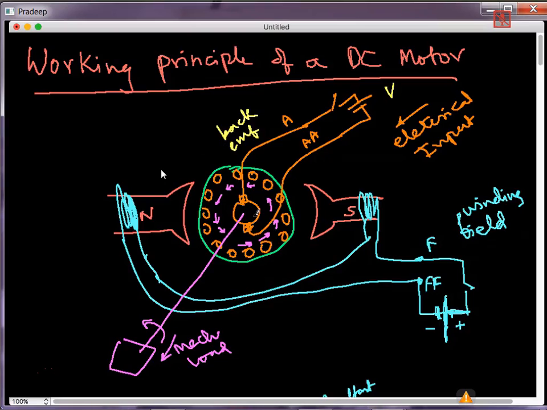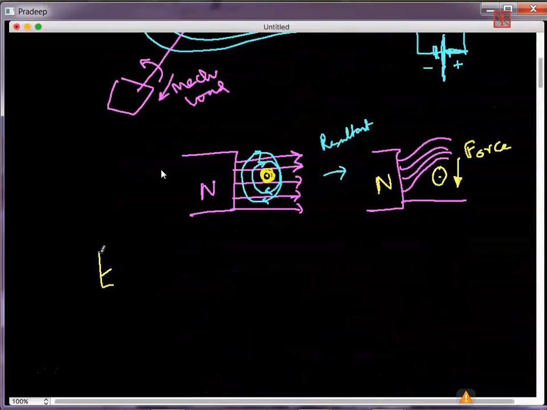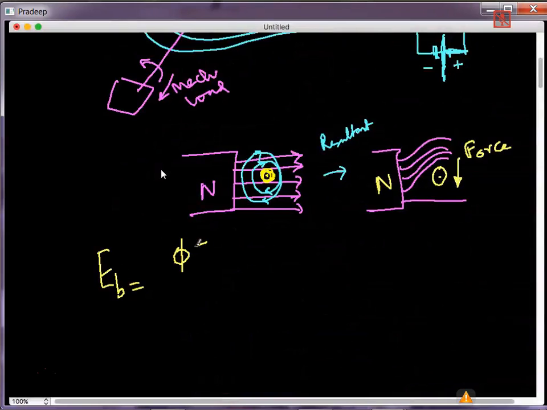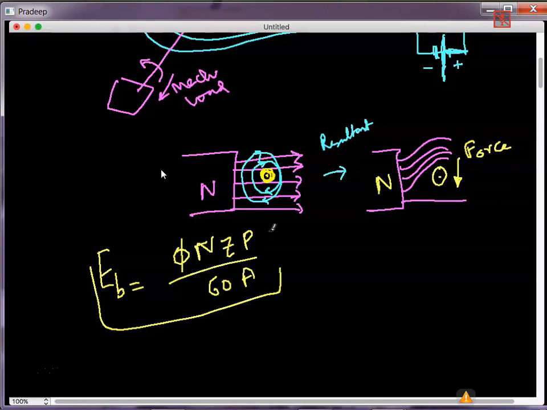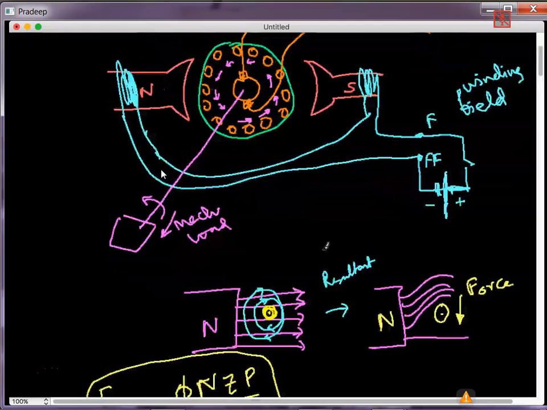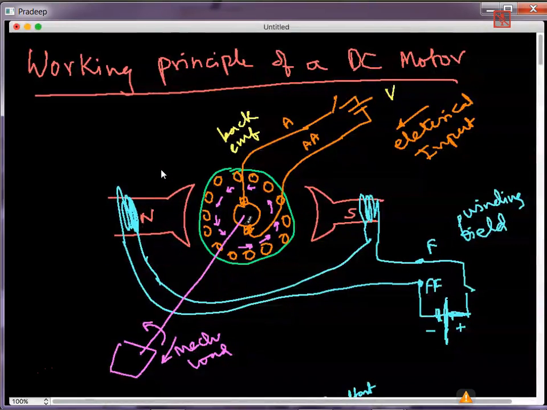The formula for back EMF is the same as that of the generated EMF: flux into N into Z into P by A into 60. The exact same formula is applicable, and this back EMF opposes the supply voltage, and therefore it helps in the development of the work. So this is the working principle of a DC motor.